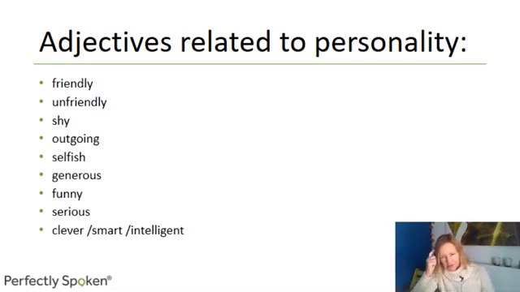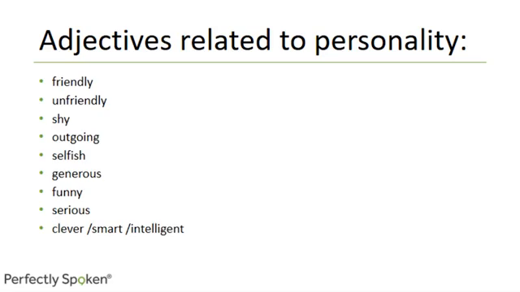Clever, he really knows what he's talking about. Smart, he really knows what he's talking about. Intelligent, it's like he is very clever, very similar. Okay, so these are very typical words used when we're talking about personality. So you've got friendly, unfriendly, shy, outgoing, selfish, generous, funny, serious, and the last one, clever, smart, or intelligent.